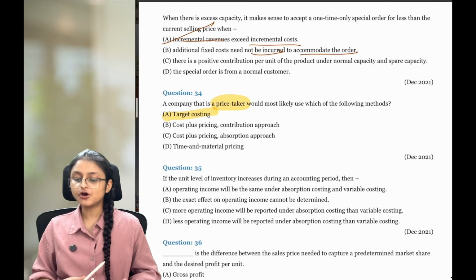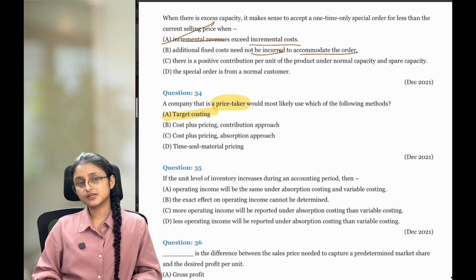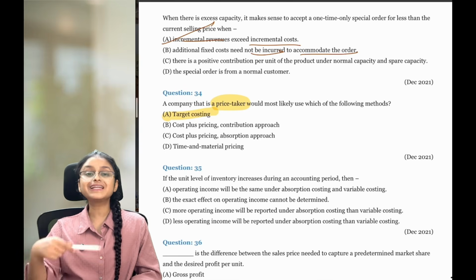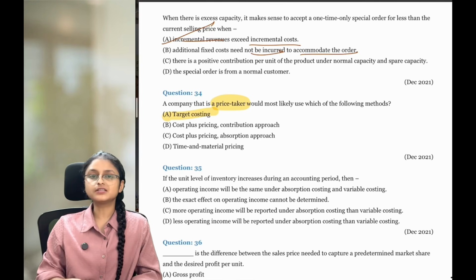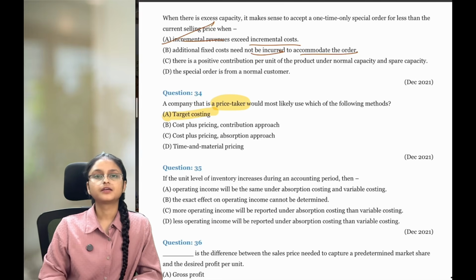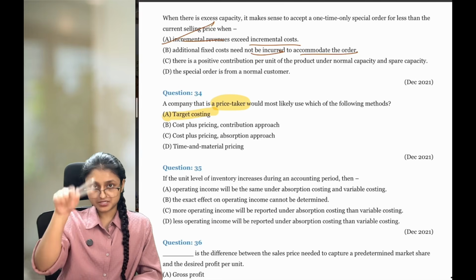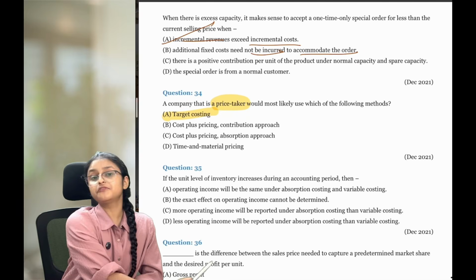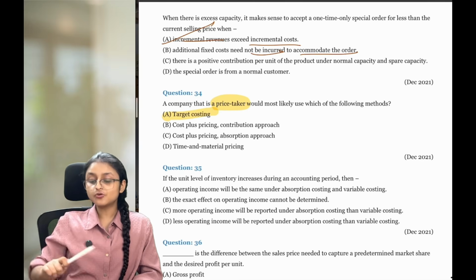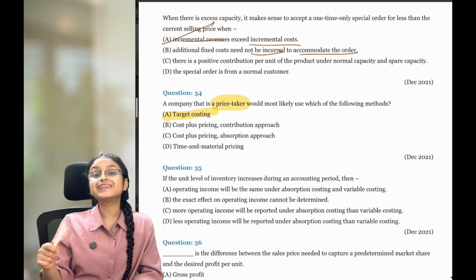If the unit level of inventory increases during an accounting period, in the accounting period your inventory is increasing. Now what does that mean? Does it mean that your opening stock is increasing or your closing stock is increasing? So think about it. In this particular accounting period, I can't change the opening stock because that is coming from the previous period. In this period, only closing stock can be changed or increased.